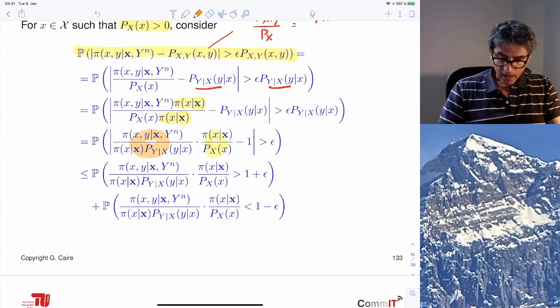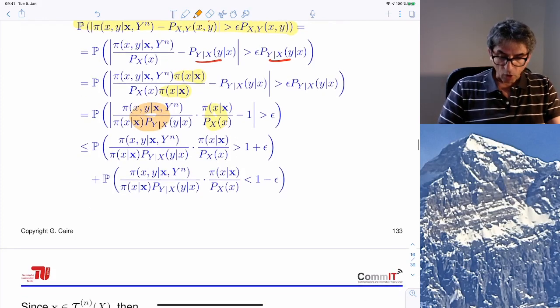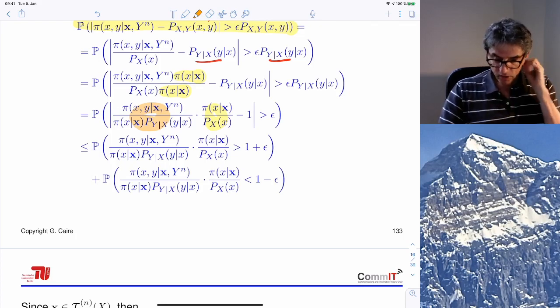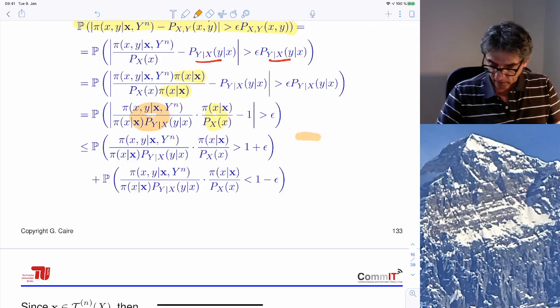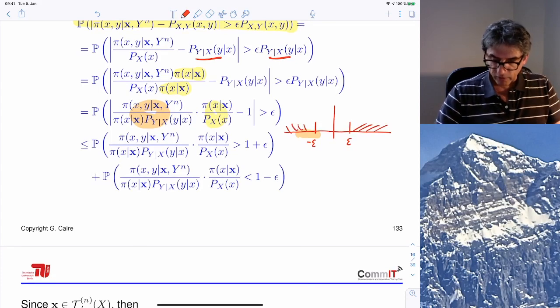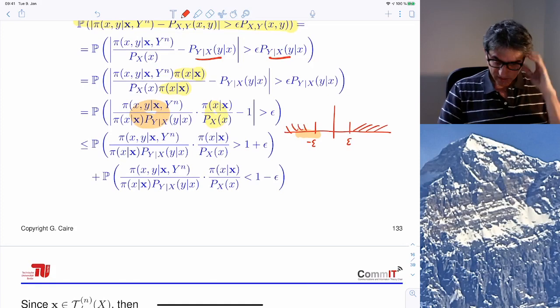So now we have, again, absolute value greater than epsilon means the union of two conditions: the value greater than epsilon and the value smaller than minus epsilon. Those conditions are disjoint, because imagine this is epsilon, this is minus epsilon, and we are considering this region and this region. So the probability of these disjoint events is the sum of the probabilities.